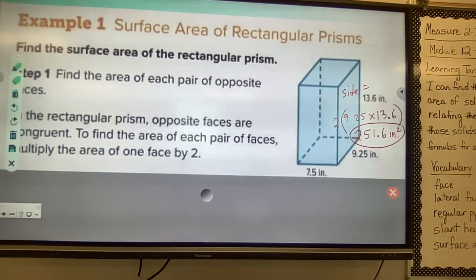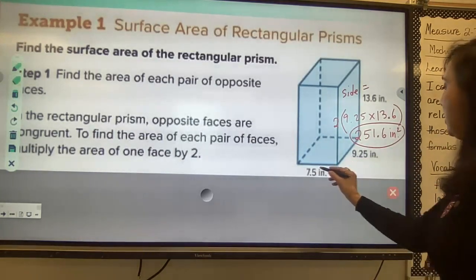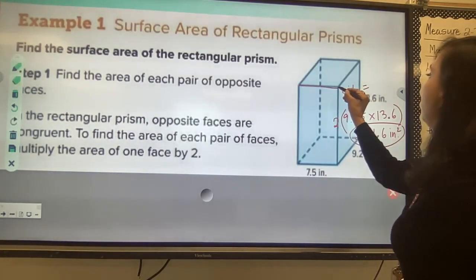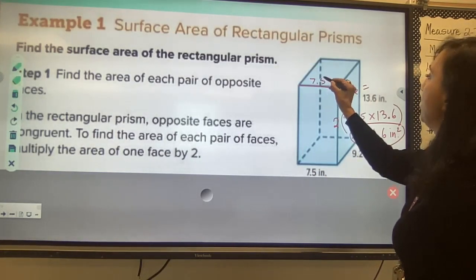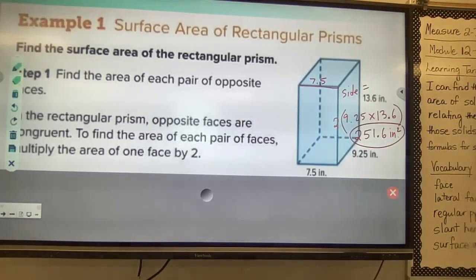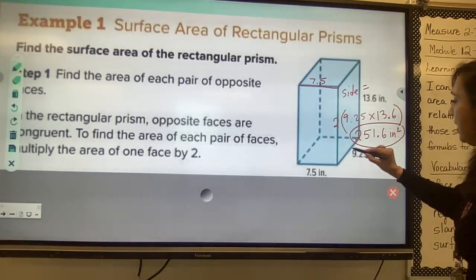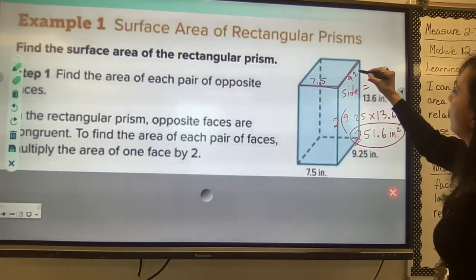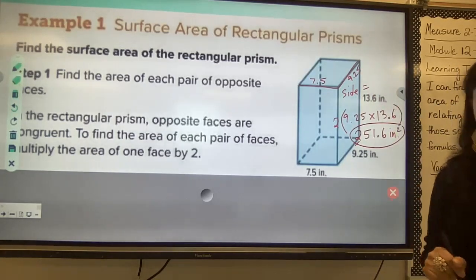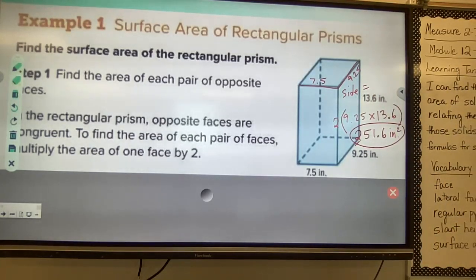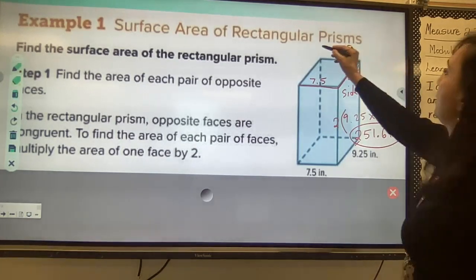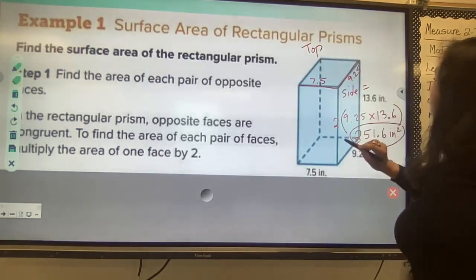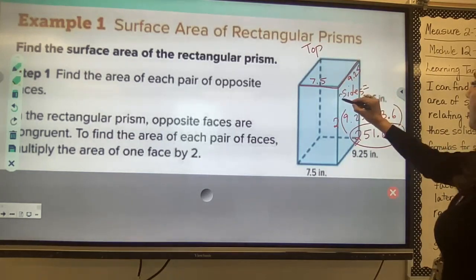Now let's look at the area of the top and the bottom. If this is 7 and 5/10, what do you think this is? This is also going to be 7 and 5/10, right? And if this is 9 and 2500, this is also going to be 9 and 2500. So this is the top and bottom, and this one was the two sides, right?